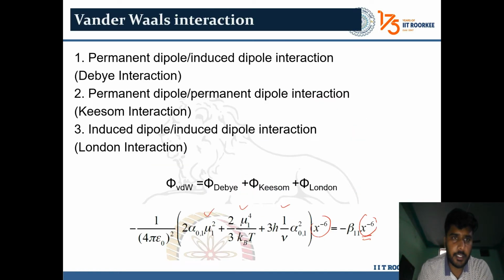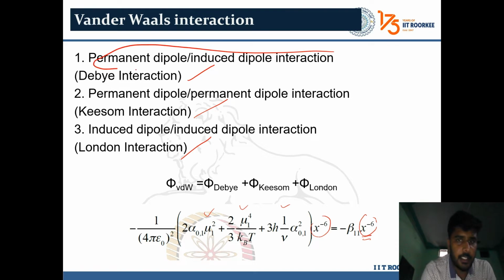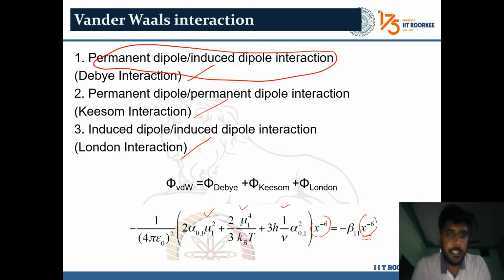Next is the van der Waals interactions. Under the van der Waals interaction, you have dealt with three terms: the Debye interaction, the Keesom interaction, and the London interaction. Debye interaction takes place when one molecule has a permanent dipole moment and the other has an induced dipole moment.